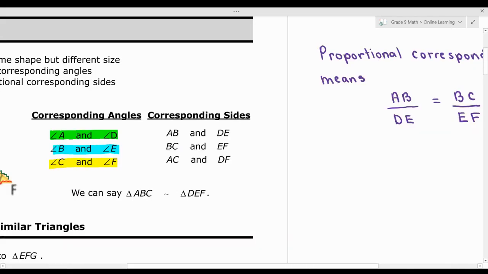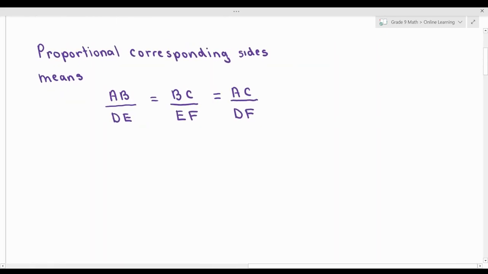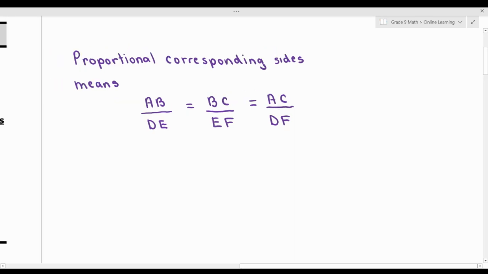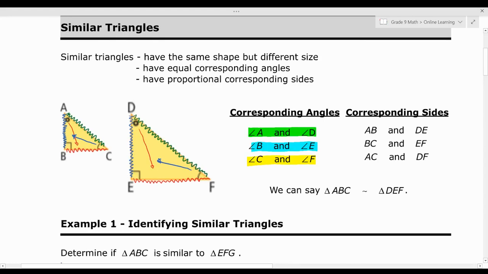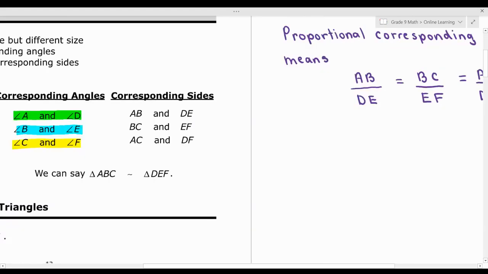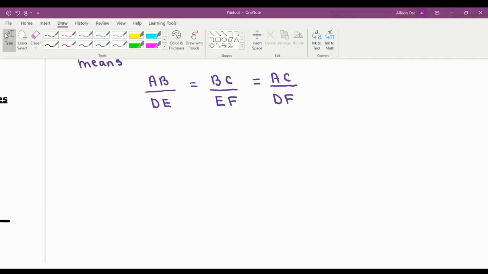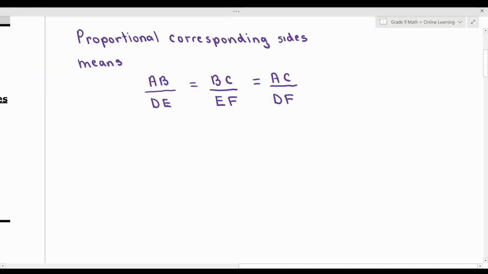Now, they're proportional, which means if I go over here, we said that AB was connected to DE, BC was connected to EF, and AC was connected to DF. You could go back to the picture, and I've connected it with my colored squiggly lines. Proportional means that if I were to clean this up, let's say, for example, I got a 2, I'm just making that number up.